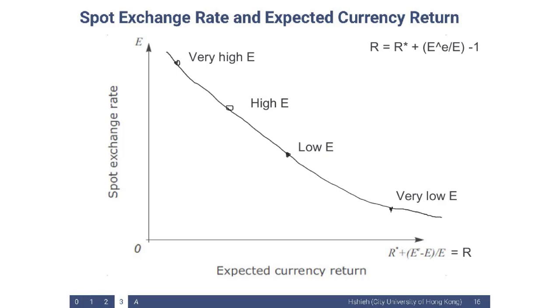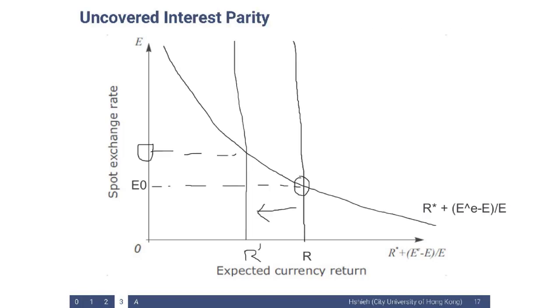All right, so how do we visually link UIP with the money market? Well, we can simply draw, for now, a vertical line to indicate the interest rate that's set by the domestic government.